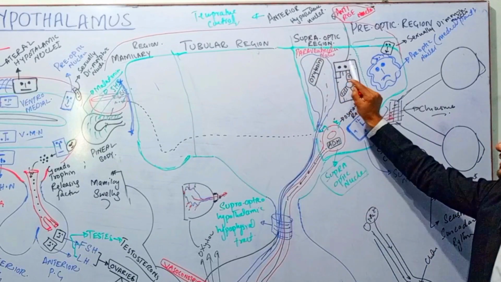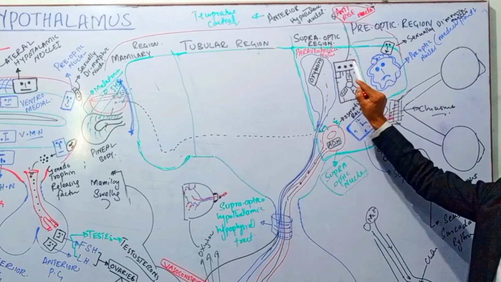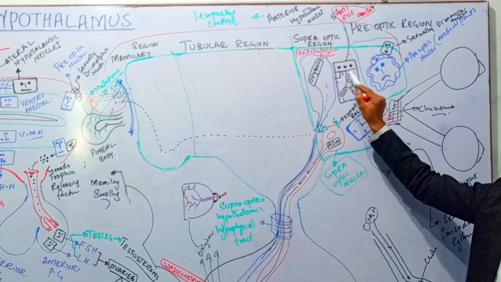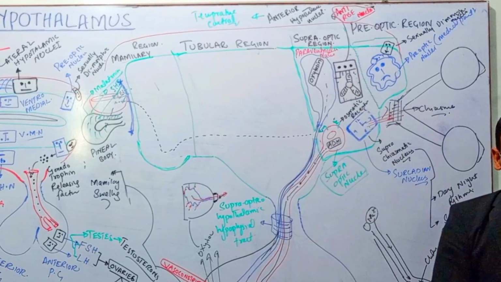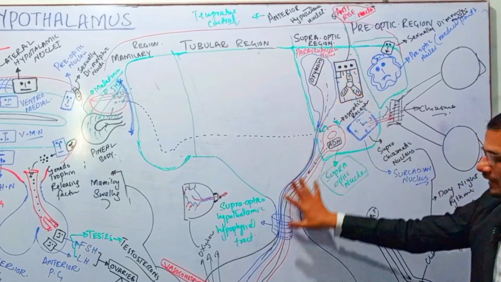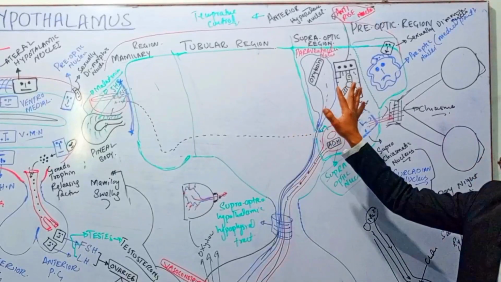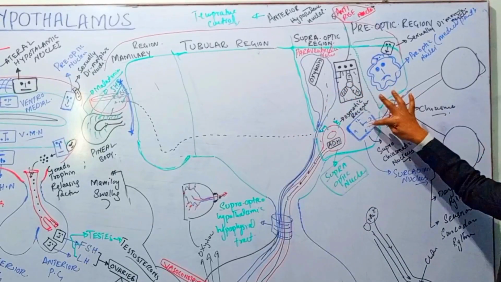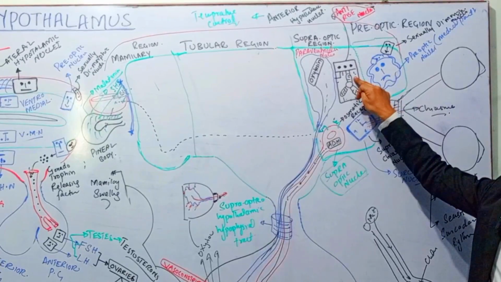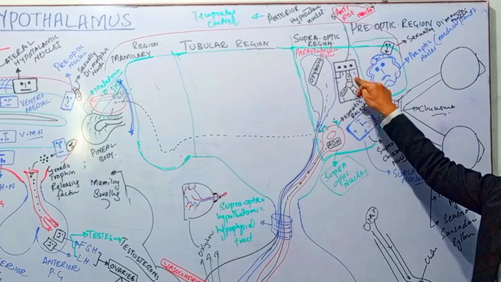This is because this nuclei is not working and cannot decrease the temperature of body, right? This is one reason for hyperthermia, right? So these nuclei are present in supraoptic region, and this is the intrinsic biological clock, and this is the intrinsic biological air conditioner system of body, right?